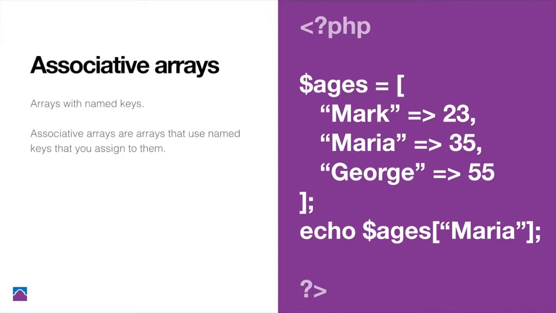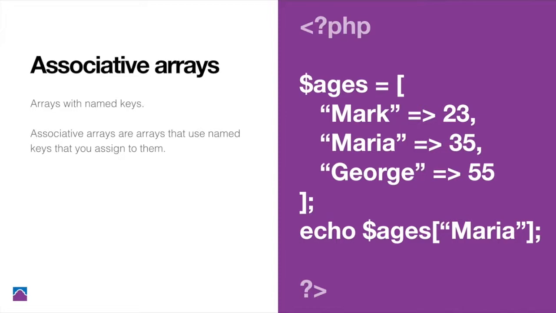An associative... Oh shoot! Hold on. Let me see. I think I have this one. Yeah, an associative array is basically you name the keys, or you name the index of each item. So similar example, you have an array, and instead of just having text strings as values, you actually assign a key to it.